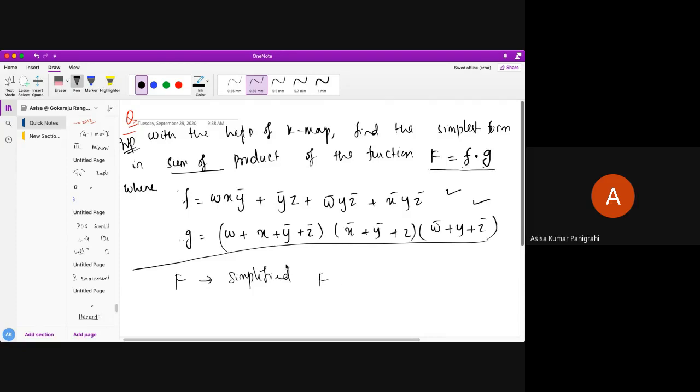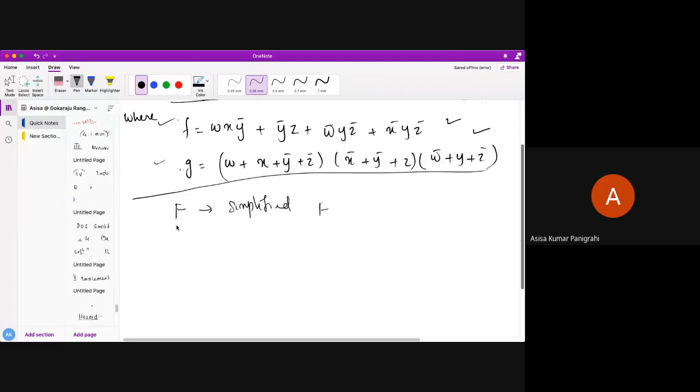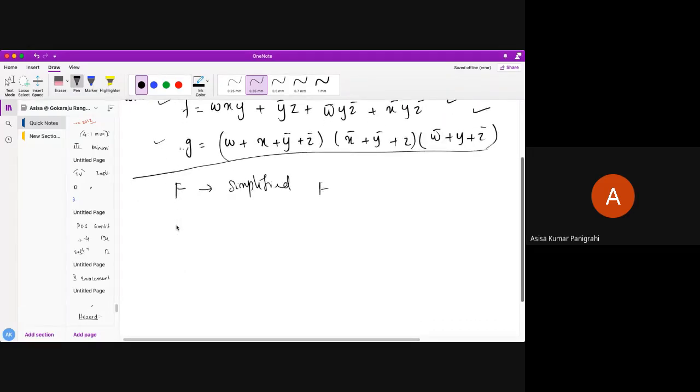So your prime job is to find out capital F by making f and g. You will be given here f and g. Mainly, first you need to draw the K-map of f and g. Do you all understand what you need to do here? First are the steps you need to follow.